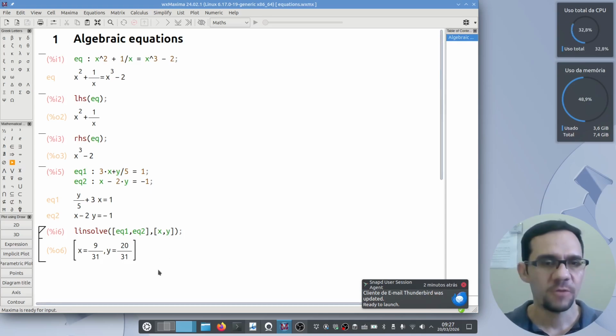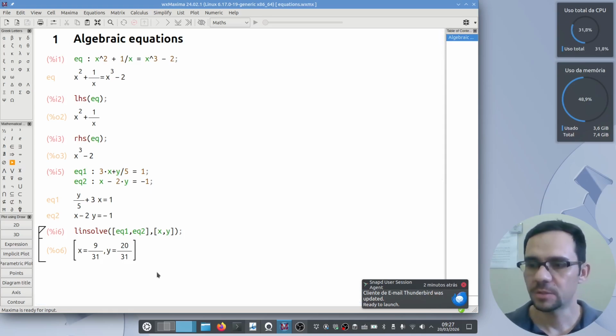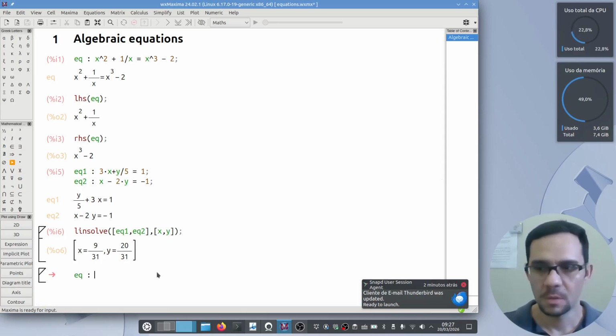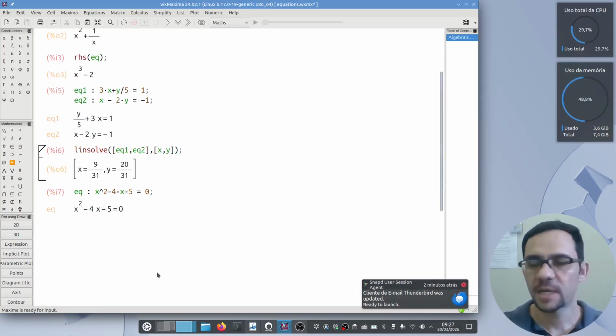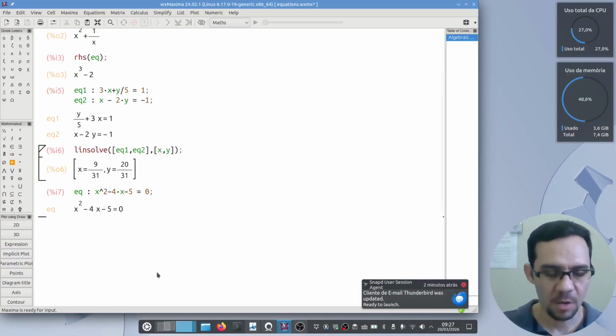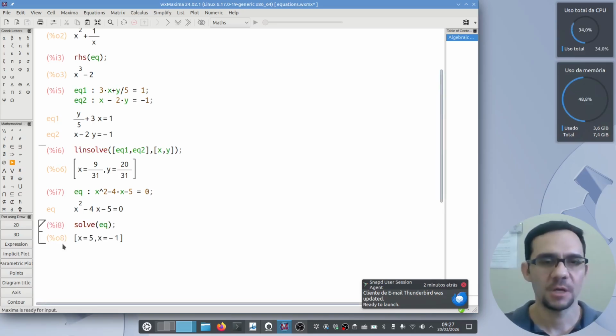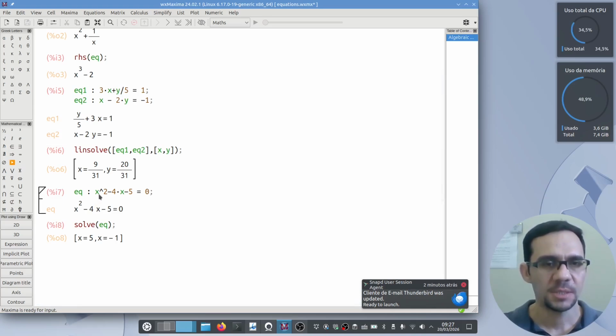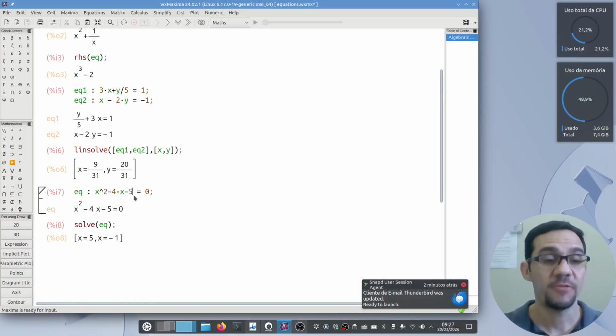We can also solve nonlinear equations. For example, let's just show this equation. And in this case, we have to use the command solve. And Maxima gives us the result. One interesting thing that Maxima does is also to put such expressions as factors.